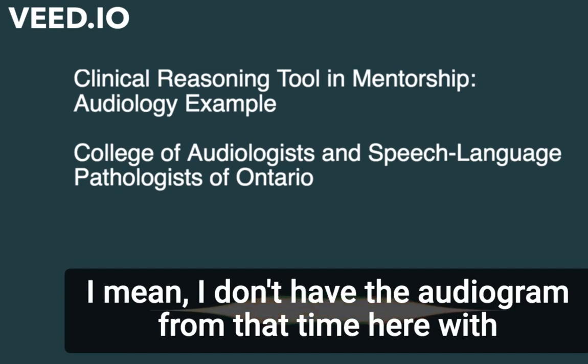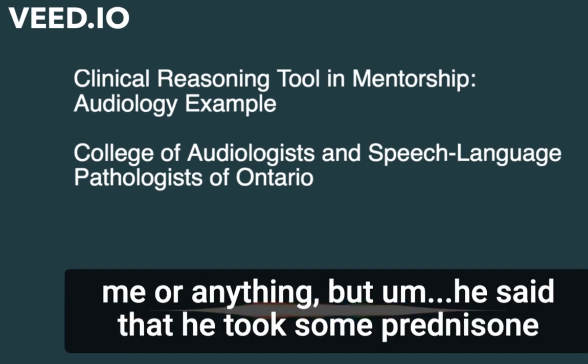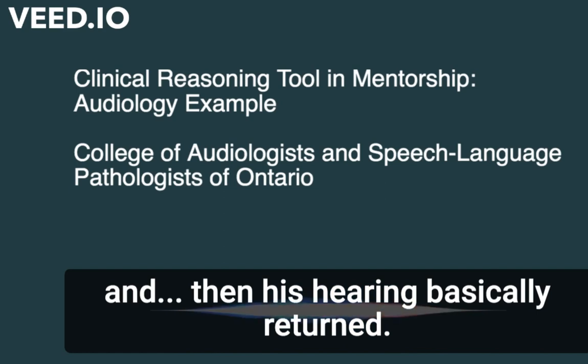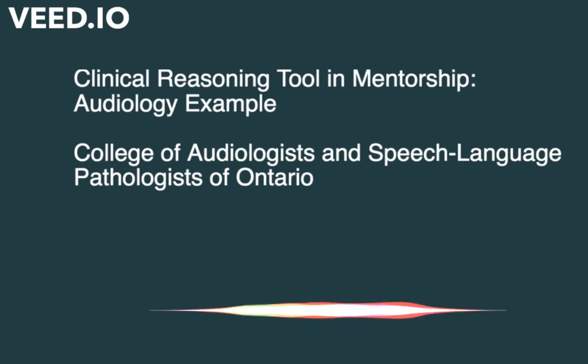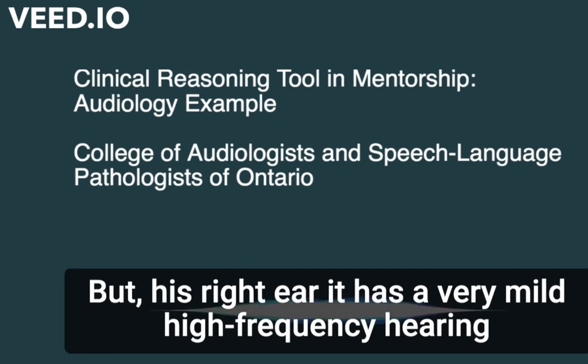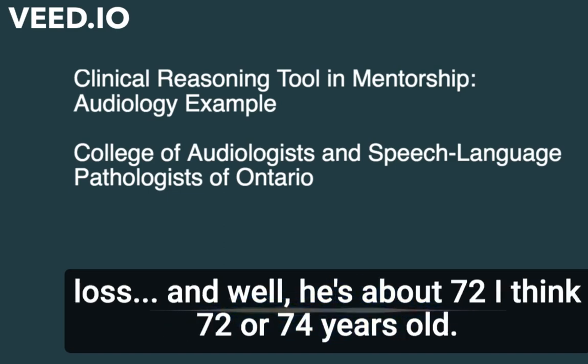I mean, I don't have the audiogram from that time here with me or anything, but he said that he took some prednisone and then his hearing basically returned. But his right ear, it has a very mild high frequency hearing loss.